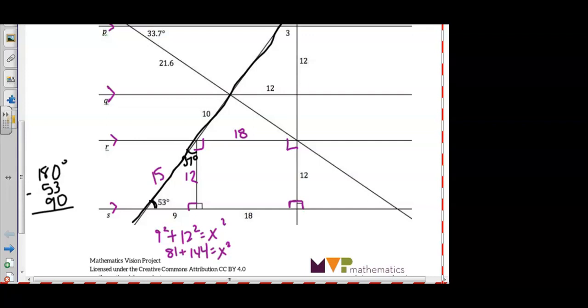So if this angle down here is 53 degrees, this one is 53 degrees also. By the supplementary angles or linear pairs postulate, those two angles add to 180, so the missing angle here is 127 degrees. So what we're doing is using our prior knowledge to fill in all the missing information in the diagram. Let's see what else we can fill in.